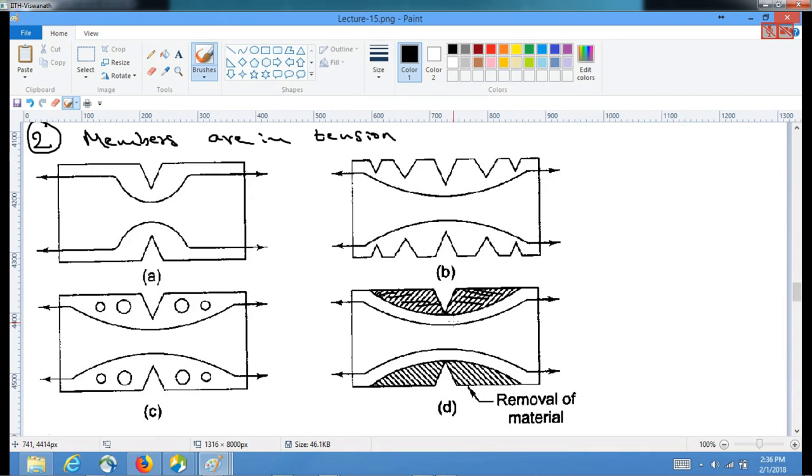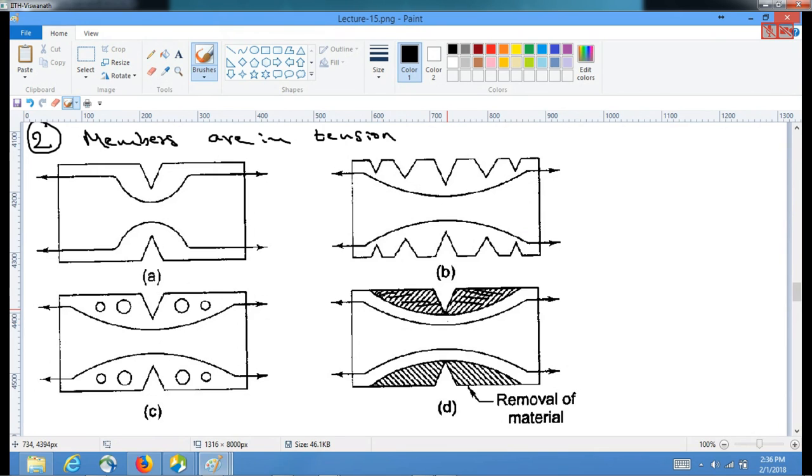It is a much better manner than having a notch, because sometimes a notch can lead to infinite stresses, because a notch angle of more than 270 degrees will give rise to stress singularity, which you can learn in theory of elasticity or fracture mechanics. So it is not good.